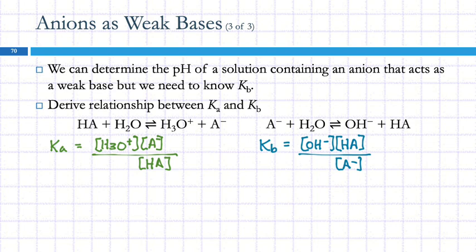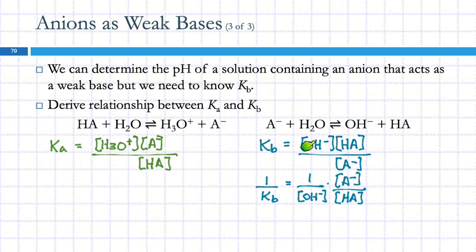So what I'm going to do is take this equation and turn it upside down. Invert it. So 1 over Kb is equal to 1 over hydroxide ion concentration times A minus over HA.